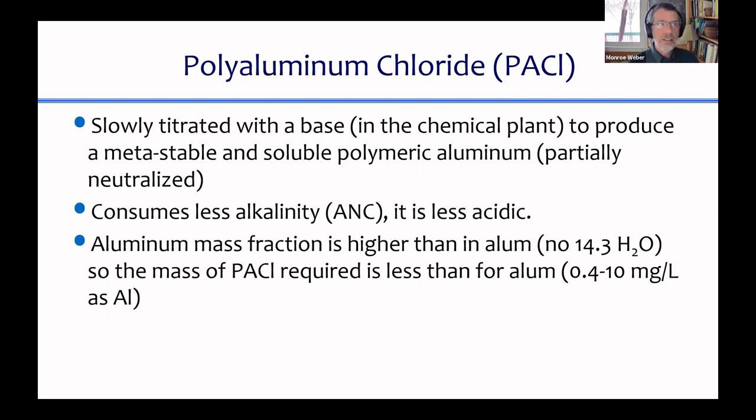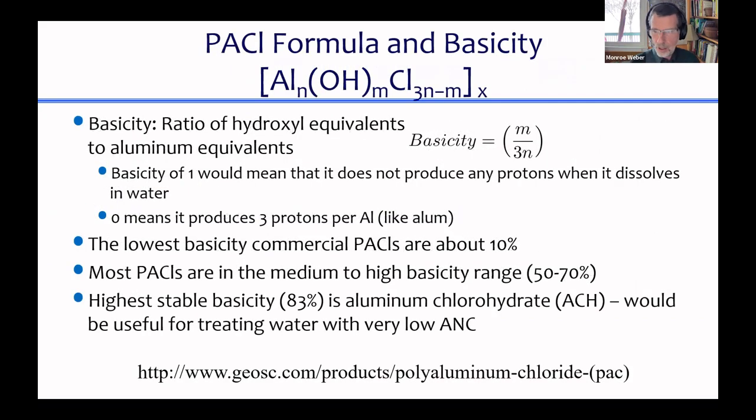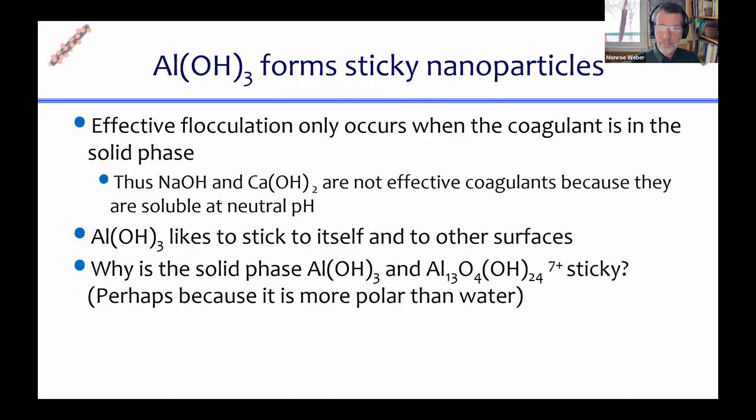In many, many cases, it works better than alum. So given the option, it's a better option. It's easier to use because of this pH issue. So that's FYI about how acidic the PAC is.